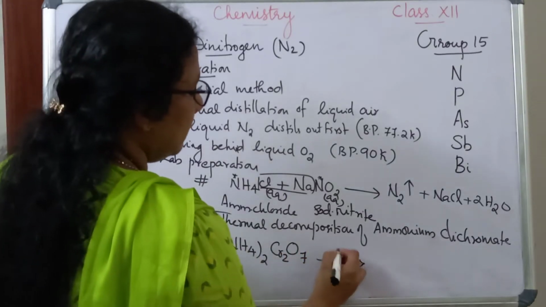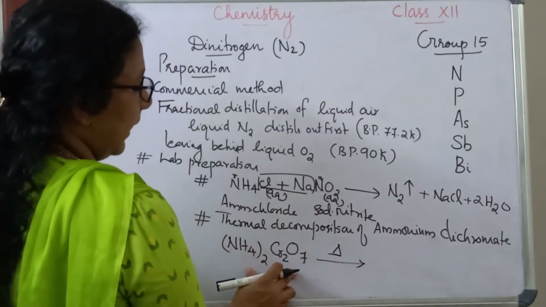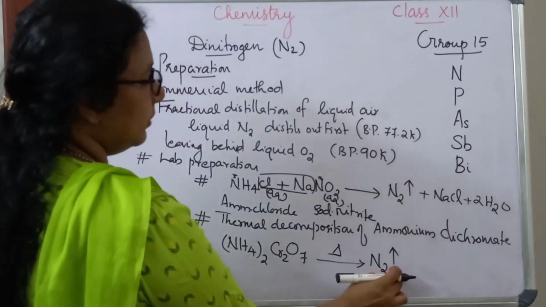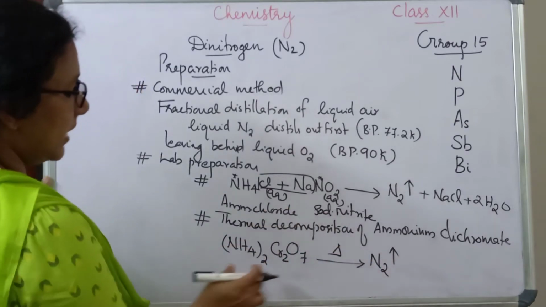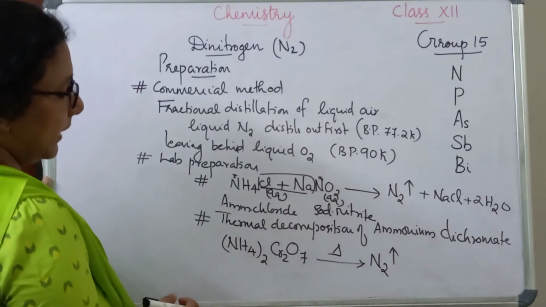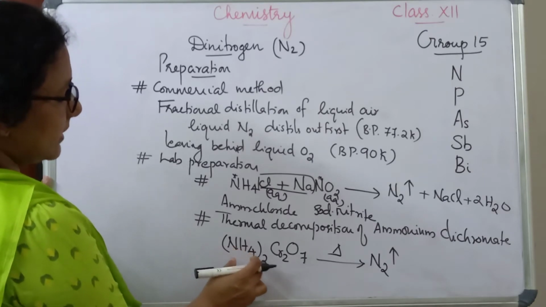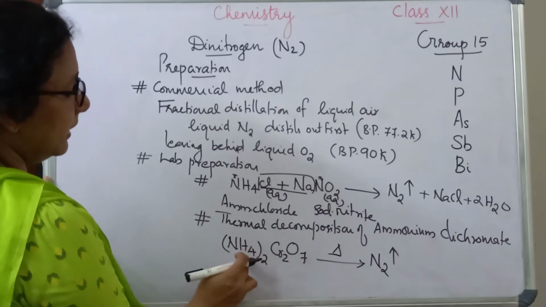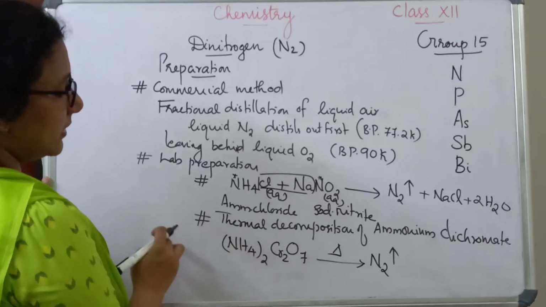On thermal decomposition, ammonium dichromate forms N2. Nitrogen gas will be formed as the main product, and for the rest of the compounds, we can see hydrogen and oxygen are there, and we can eliminate the maximum number of water molecules since 8 hydrogen atoms are there.